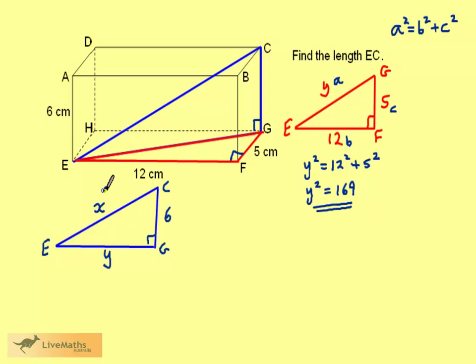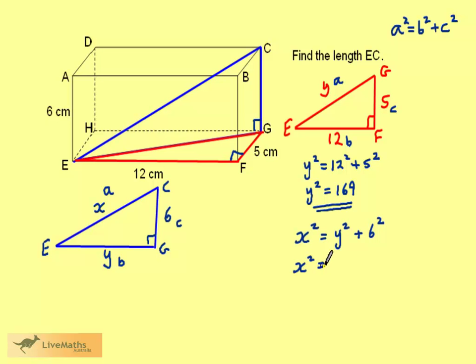Now looking at this triangle, the longest length is the A, and call this B and this C. Substituting into Pythagoras' theorem, x squared is going to be y squared plus 6 squared. But of course we know y squared is 169.